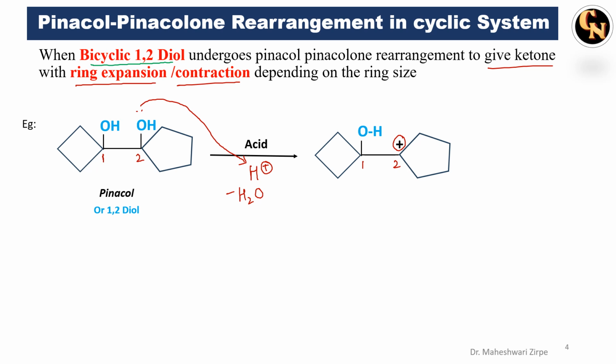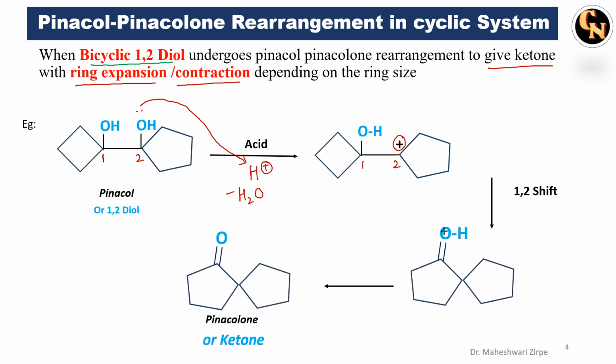So there is formation of the carbocation, then rearrangement will take place. In the rearrangement, see what happens: the lone pair on oxygen will shift here and push one of the bonds adjacent to the OH group to stabilize the carbocation.